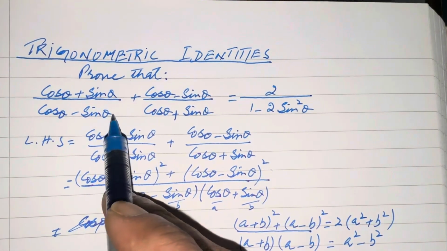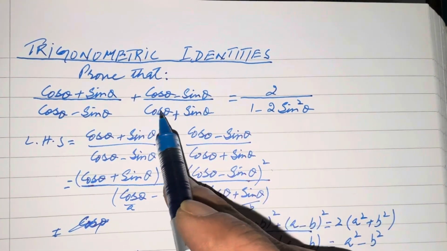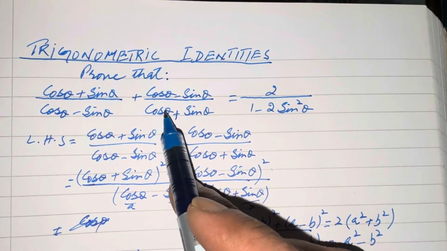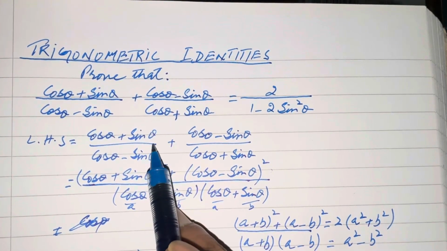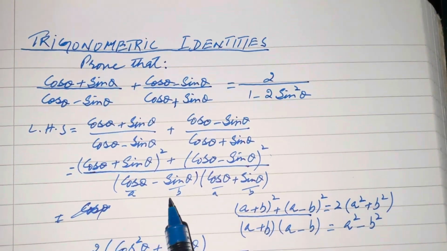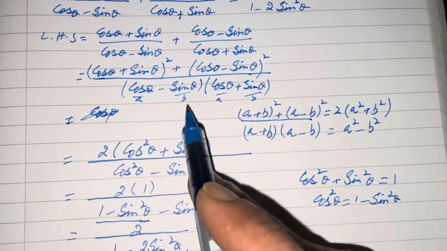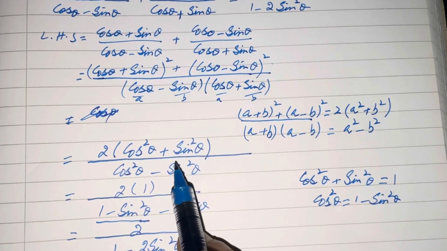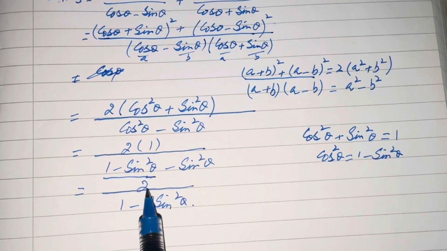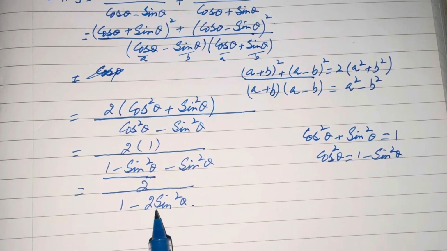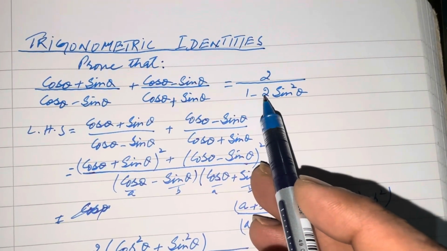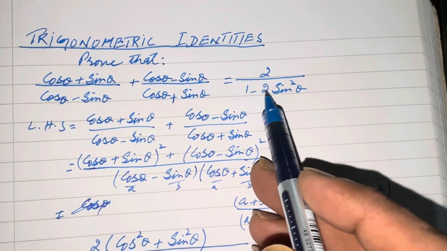So which is equal to the right hand side. We can say that left hand side is equal to right hand side. Taking the left hand side, by using trigonometric identities and algebraic identities, we have simplified it step by step, and got the answer 2 divided by 1 minus 2 sin square theta, which is equal to the right hand side of the given question.